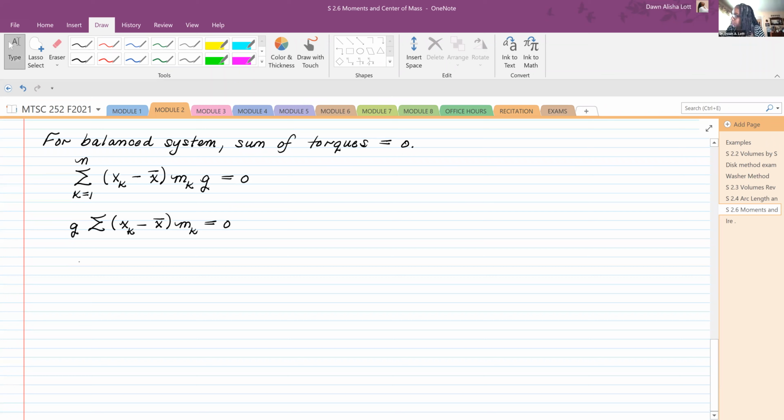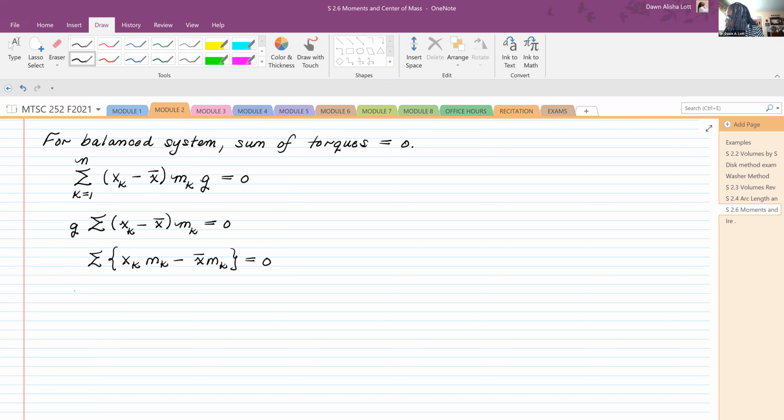So let's distribute. Now we get G times the sum, and inside I get XK times MK minus X bar times MK, equal to 0. So now I end up with 2 sums. And I can divide both sides by G, so G is gone.